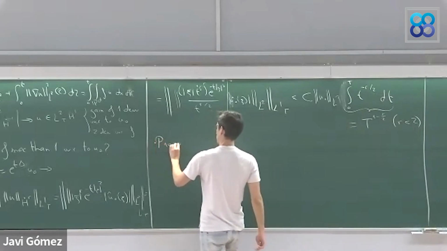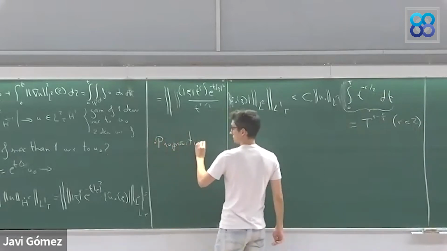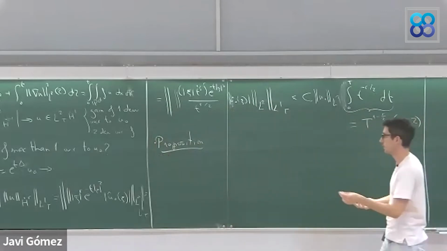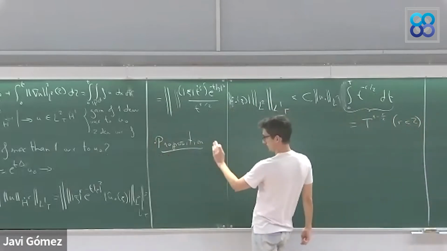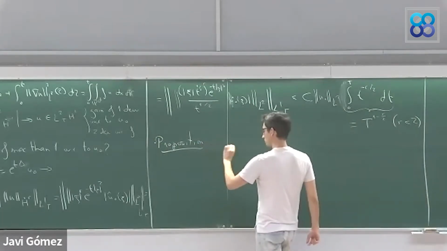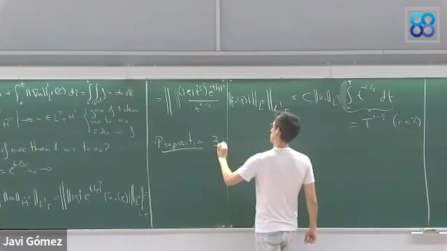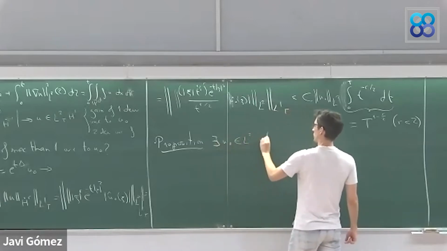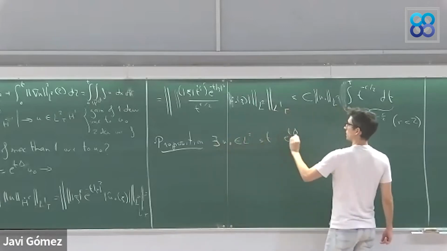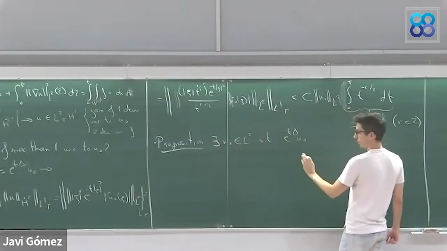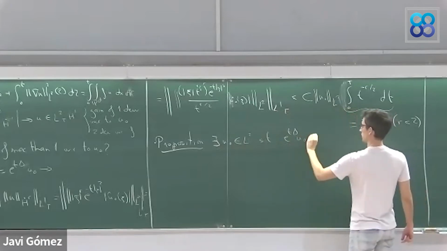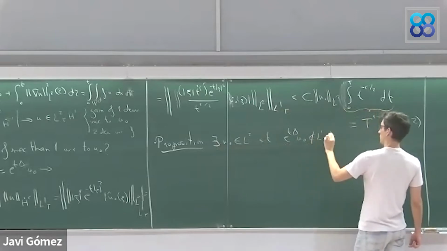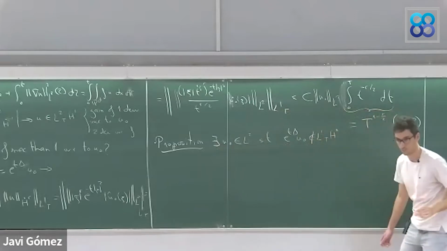And in fact, the result is false for r equal to 2. One cannot gain two derivatives, at least in this setting. So there exists some u0 in L2 such that the solution of the equation with no force and this initial data is not in L1 time H2.